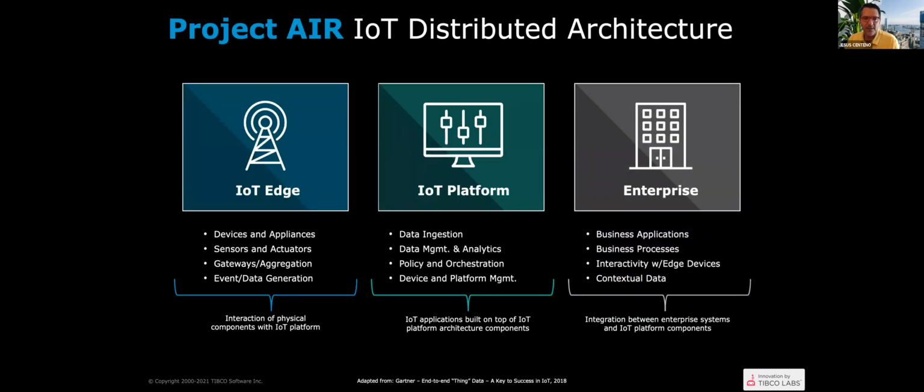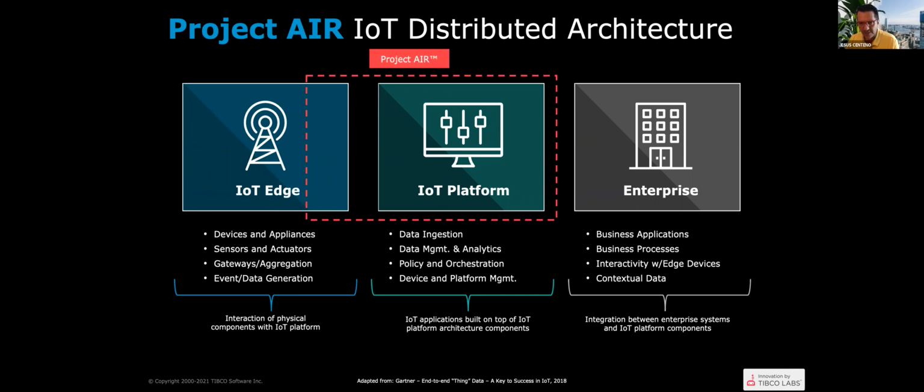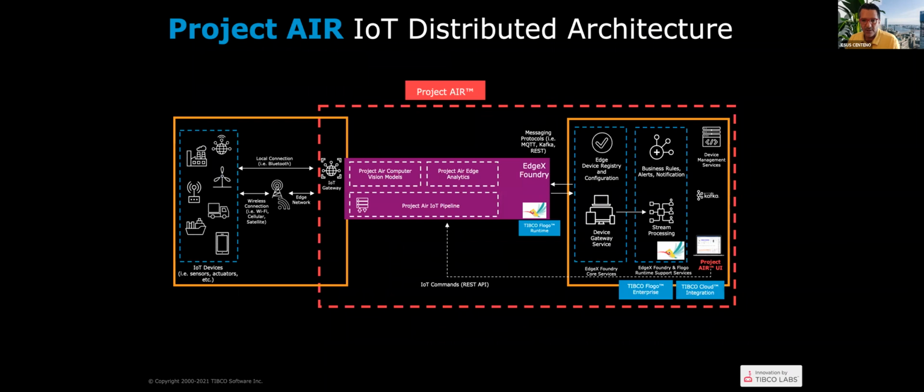So to start giving you a pictorial view of where exactly Project Care ends up fitting in the organization: as I mentioned, Project Care fills the gap for the IoT platform in your environment, where some of the deployments can be in the cloud or on-premise, and some other components will be deployed at the edge as well.